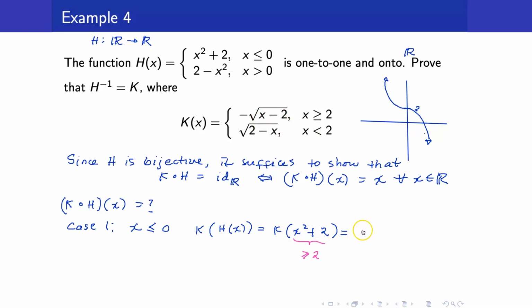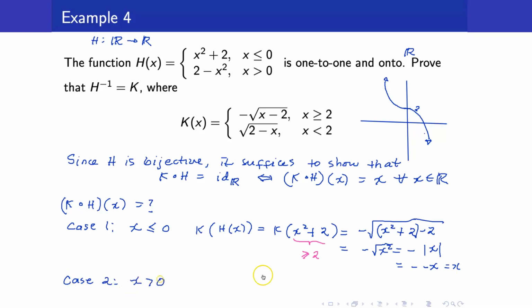So this is negative square root of x squared plus 2 minus 2, and this is negative square root of x squared. What is the square root of x squared? That's not x. That is the absolute value of x. If x is equal to 0, then this is already 0. But let us just look at when x is less than 0: the absolute value of x is negative of x, and so the result is x. So for case 2, that is left as an exercise.